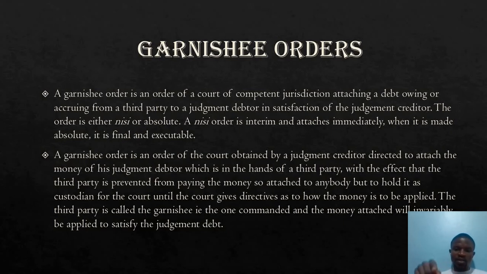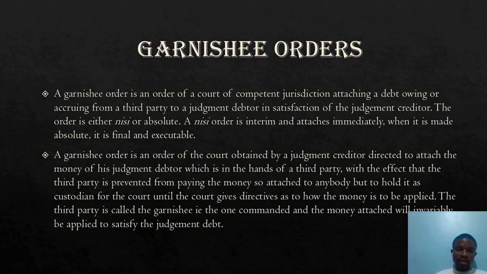Right? So the effect is that the third party is prevented from paying the money so attached to anybody, but to hold it as a custodian of the court until the court gives directives as to how the money is to be applied.